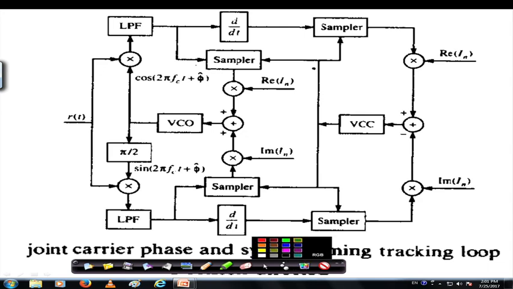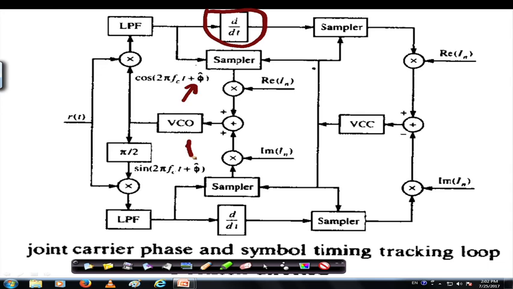I am not explaining the details of it here, leaving for you to merge the earlier two discussions. So, you have the derivative which indicates you are talking about the clock, and the rest of it is about the carrier because it is generating this phase. So, in this picture you have clubbed both the things, that is the timing and carrier recovery together.